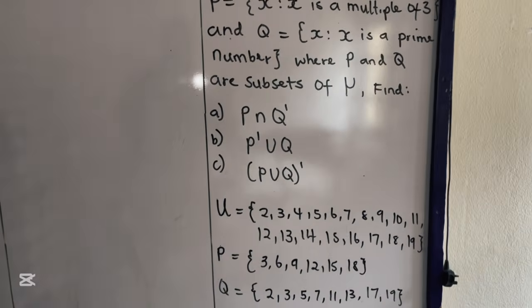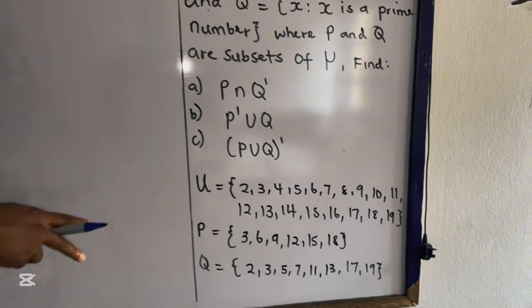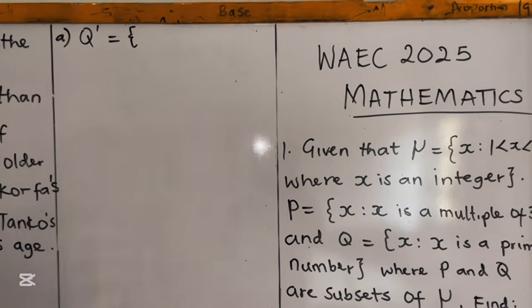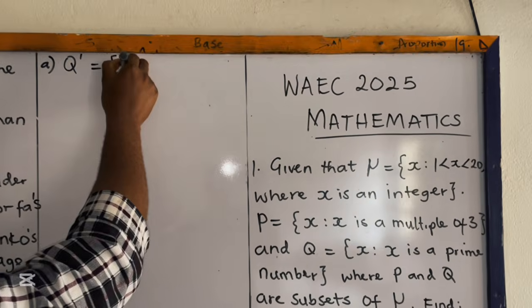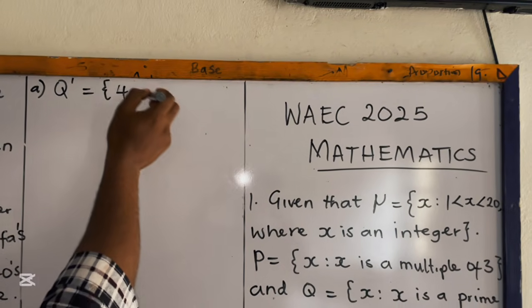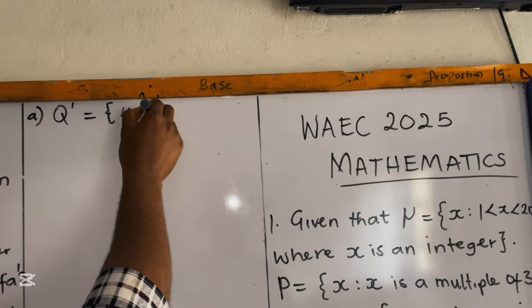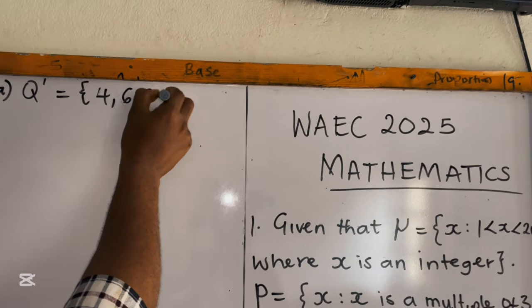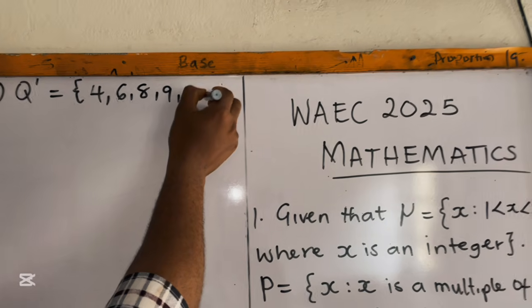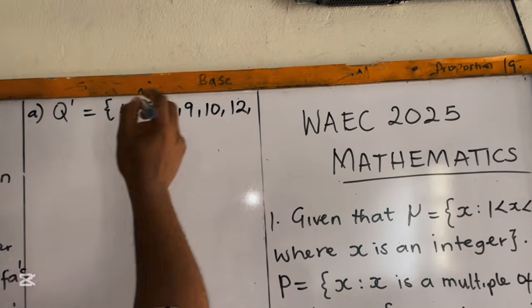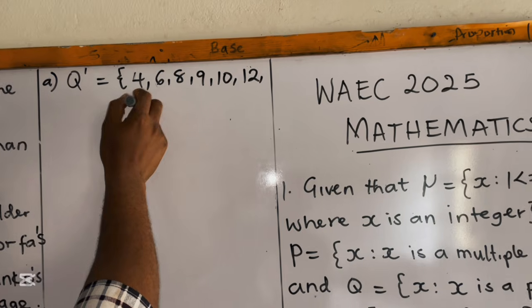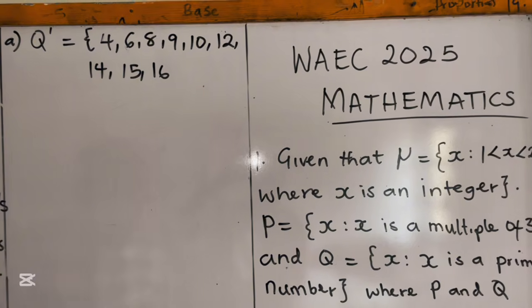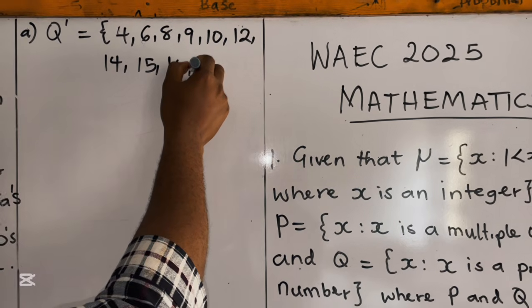So Q prime will be numbers that are in the universal set but are not in Q. So the numbers will be 4, 6, 8, 9, 10, 12, 14, 15, 16, and 18.